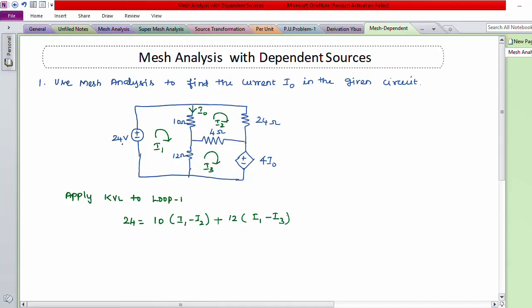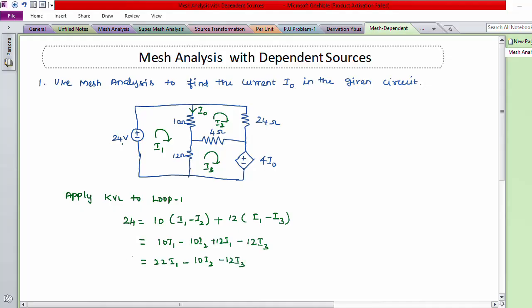Now, if you simplify that, we will get 10 I1 minus 10 I2 plus 12 I1 minus 12 I3, which gives 22 I1 minus 10 I2 minus 12 I3.